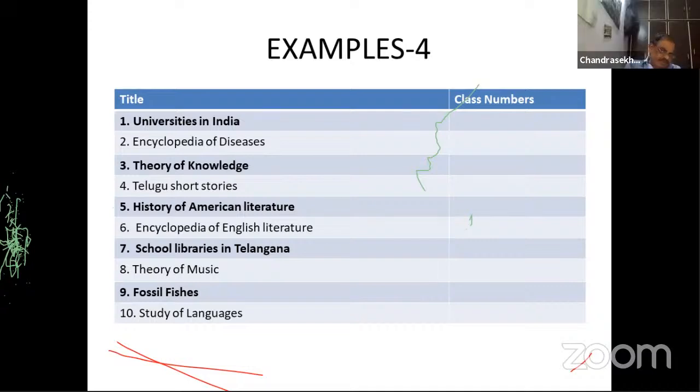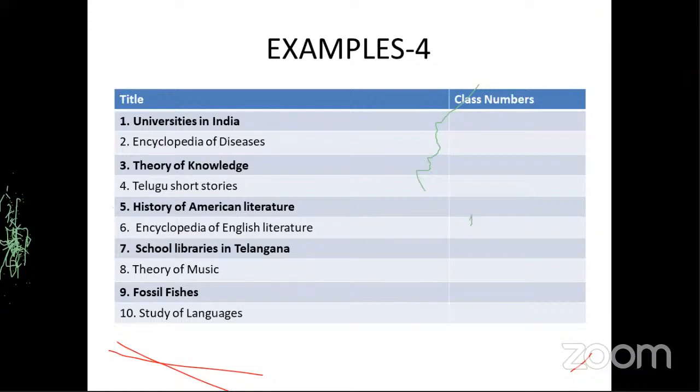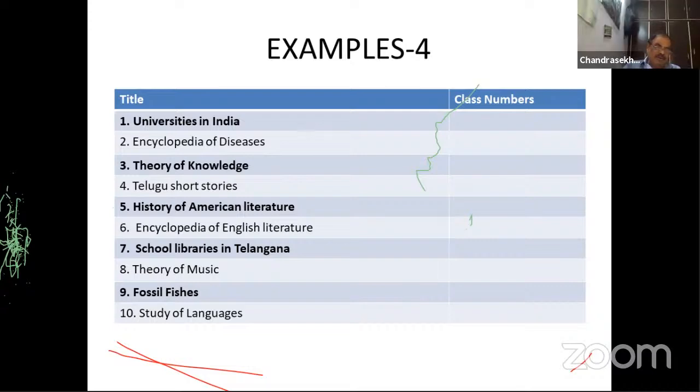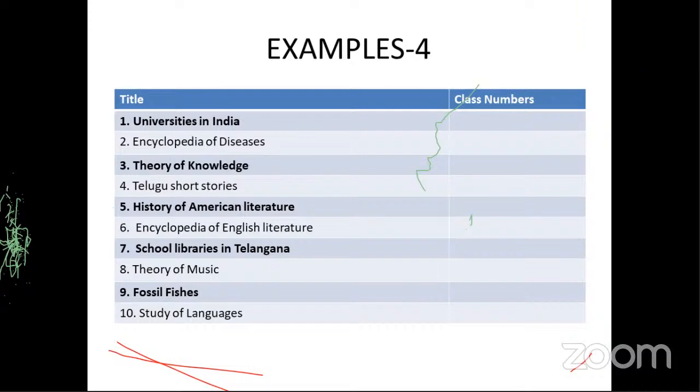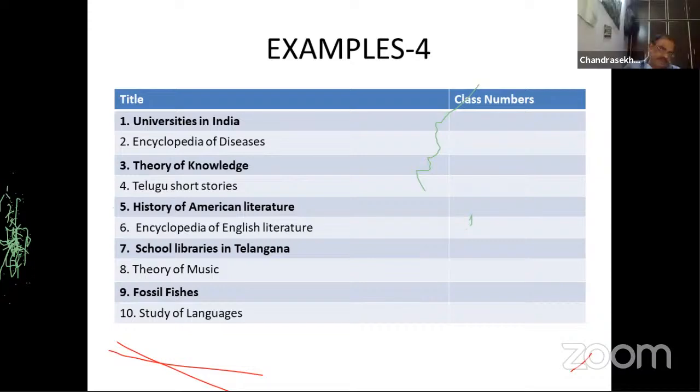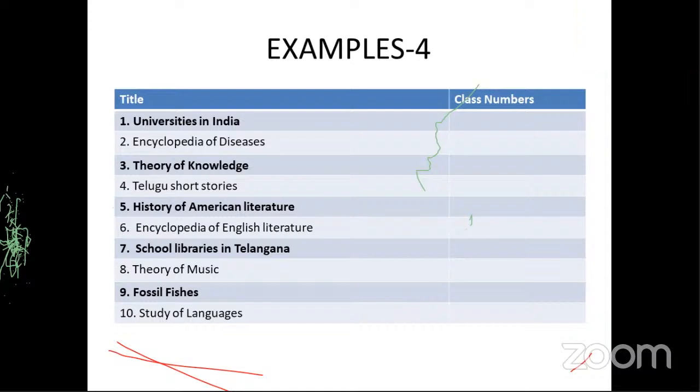Fossil fishes, so many are there under fossil. 565, sir. Now let us come to 56. 566 is fossil chordata, fossil cold-blooded vertebrates. Fossil marine and seashore.